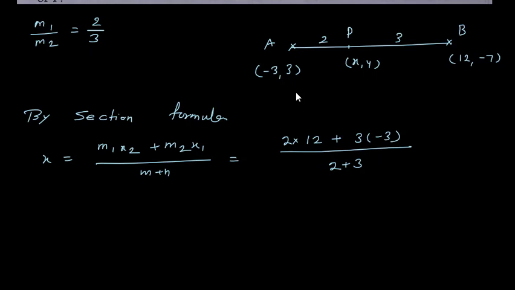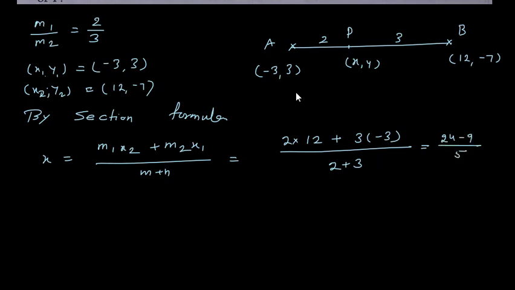You can also write that (x1, y1) is (-3, 3), and (x2, y2) is (12, -7). So this is your x, which is 24 minus 9 divided by 5.